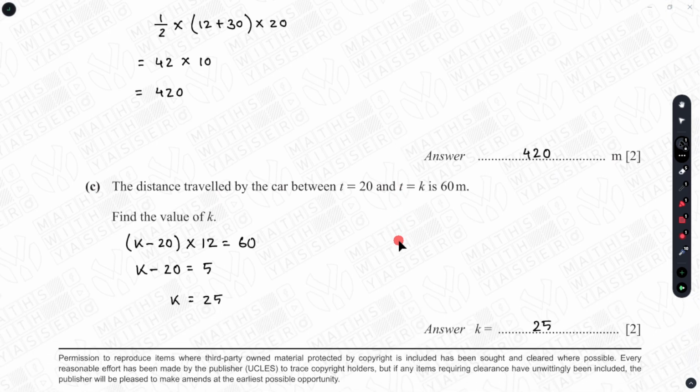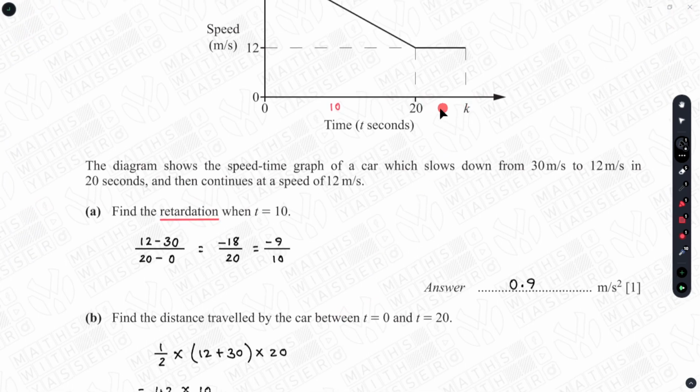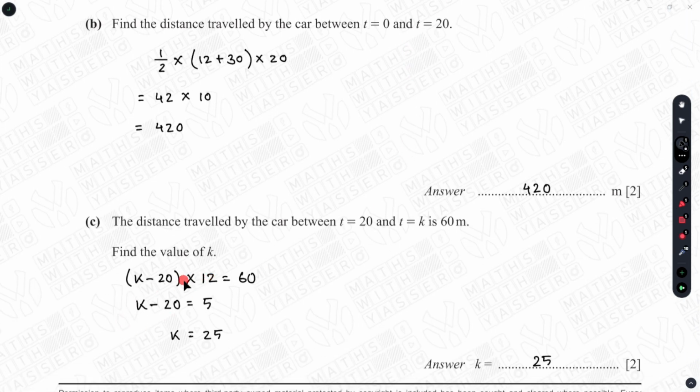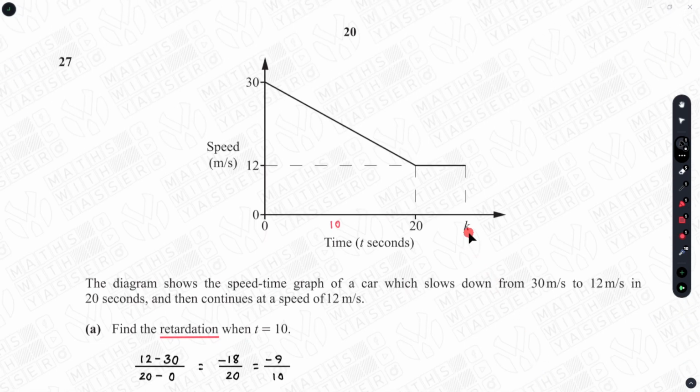So the difference is k minus 20, of course. So it should be k minus 20 times the height, which is 12, equal to the area, which is 60. So k minus 20 is 5 because 60 over 12 is 5. And therefore k will be 20 plus 5, which is 25. So this should be 25.